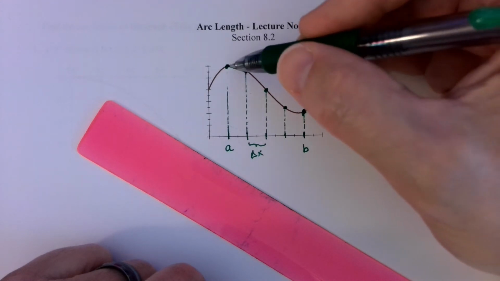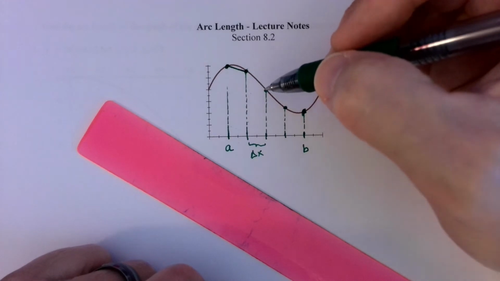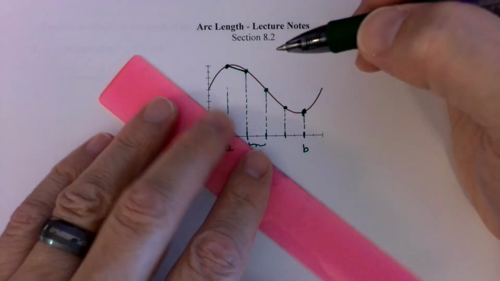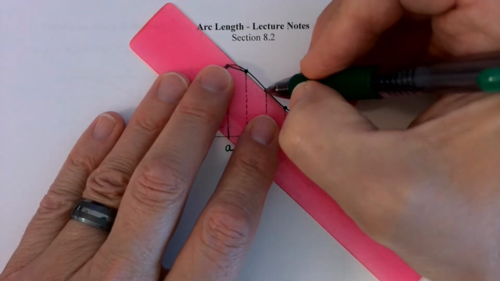Now I know how to find the length of a line segment between 2 points. We could get that from the Pythagorean Theorem, as we'll see in a minute. I'll do that for each segment.